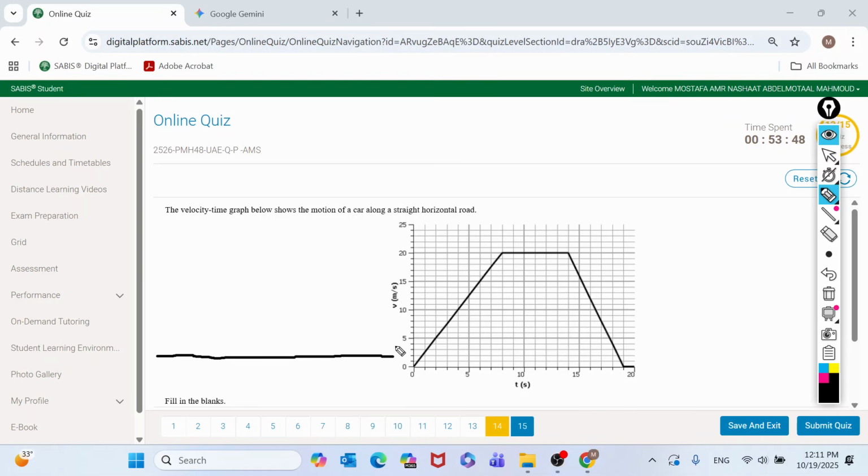As long as the velocity is positive, it's moving in a straight line. When the velocity is negative, that means it's moving in the negative direction. So if it just moves in the positive direction, the displacement and the distance are equal. If it moves otherwise, then they're different. But if it's in a straight line, then yeah.